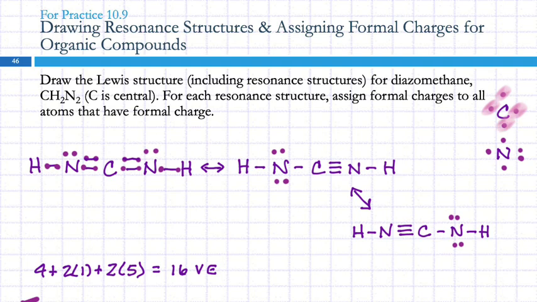Carbon, we predict, would have 4 bonds to be 0 formal charge, and nitrogen would have 3. So over here, this nitrogen has 3 bonds, this carbon has 4 bonds, this nitrogen has 3 bonds. I think everybody's good over there. Let's check.